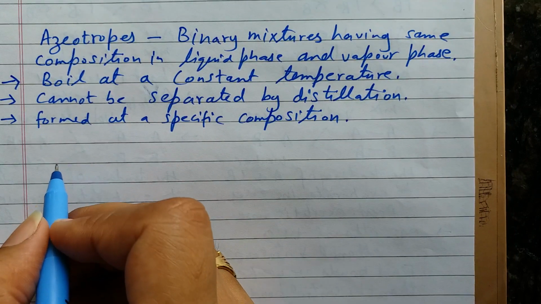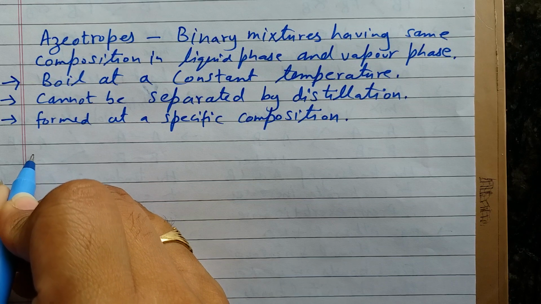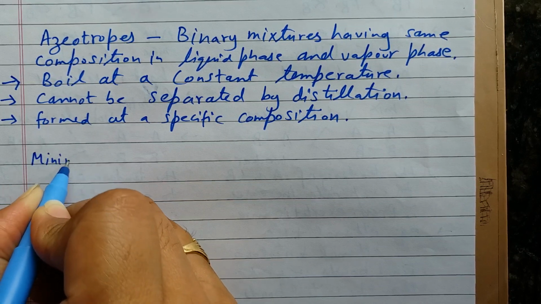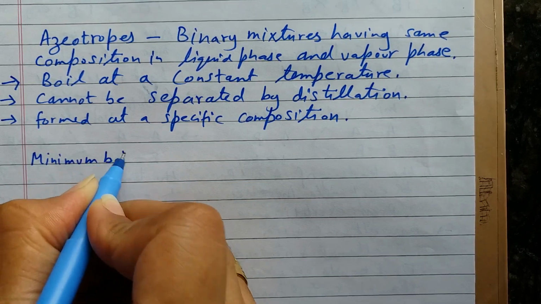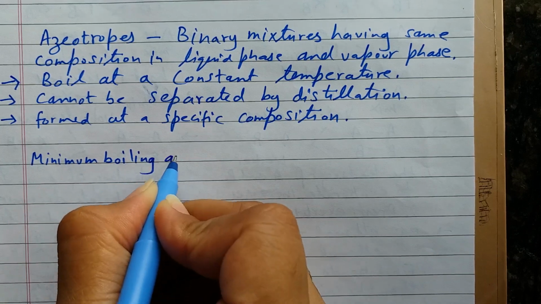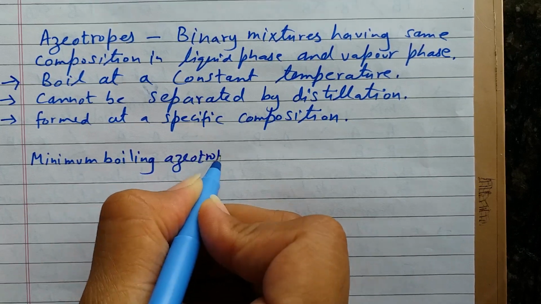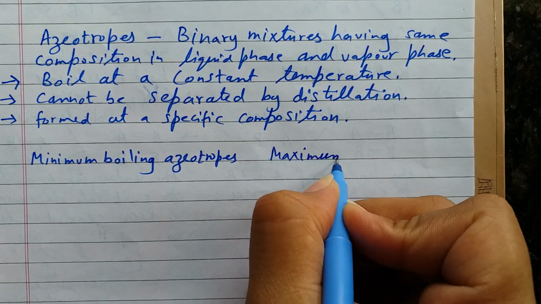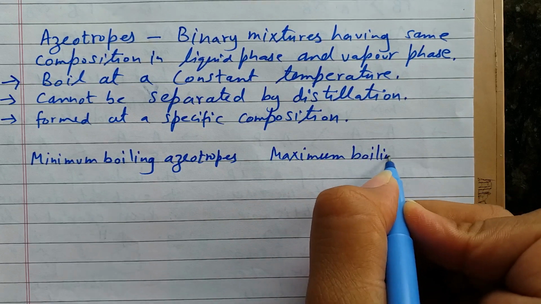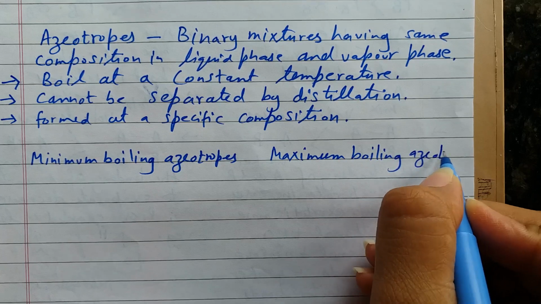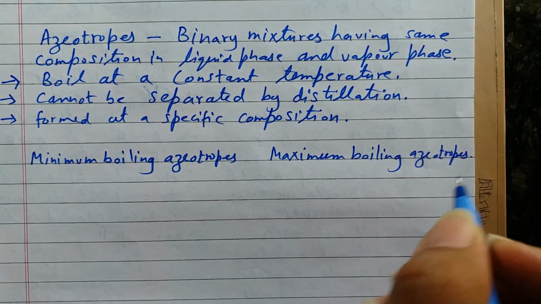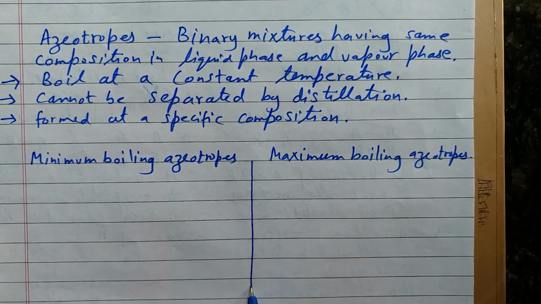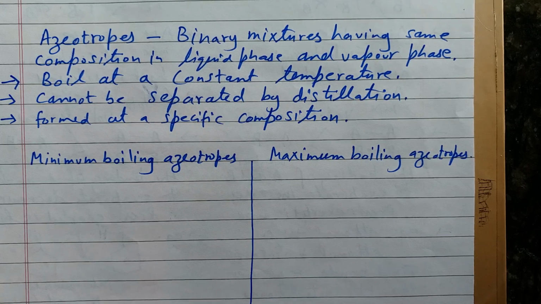There are two types of azeotropic mixtures. Number one, the minimum boiling azeotropes, and two, the maximum boiling azeotropes. Let's try to understand the differences between the two.